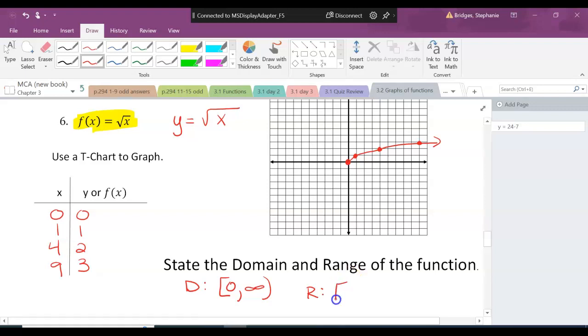Okay. And again, it can equal 0. Anybody have any questions so far? Okay, that one we just have to be careful of because we cannot use any negative values because it's a square root and we can't graph an imaginary number. So therefore we restrict everything to the left that's negative.